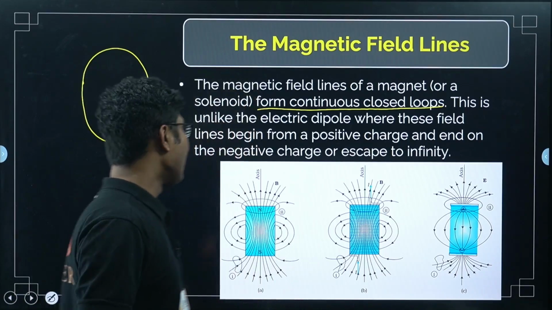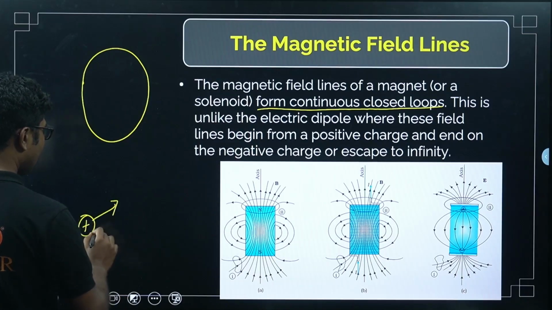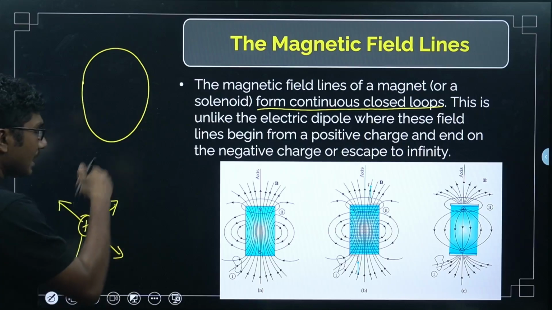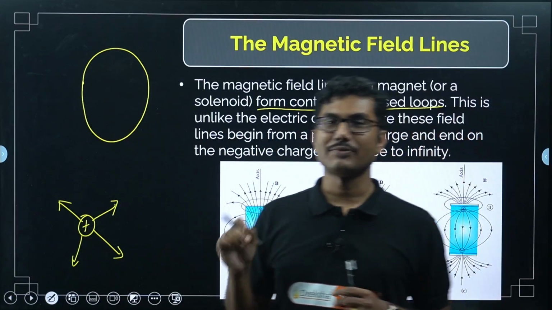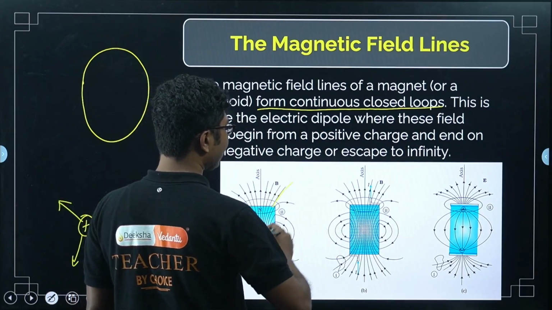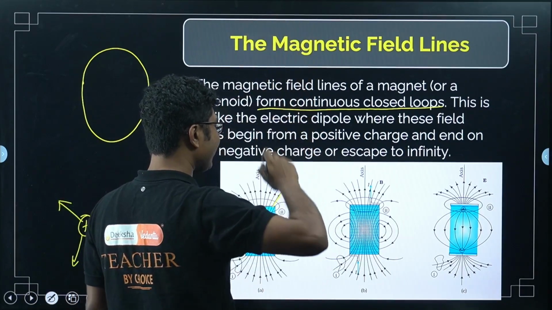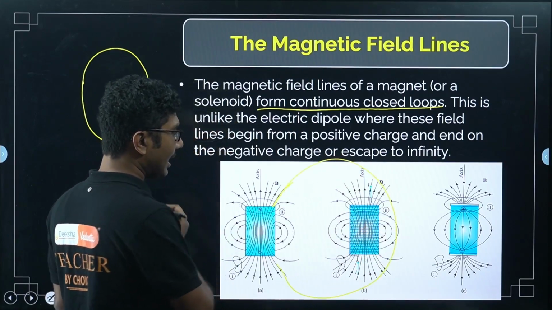Now, unlike electric charges, where if you remember, field lines start at positive and, if there are no other charges present, go up to infinity, there is no infinity business for magnets. Even if you see these going towards infinity, and you might think they will reach infinity, no, after a long time they will come back somewhere and enter back.